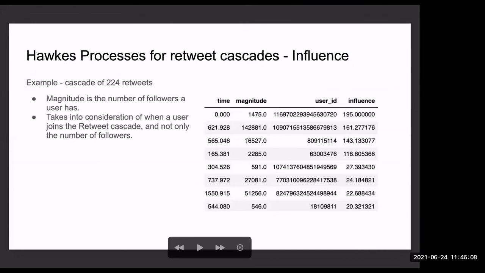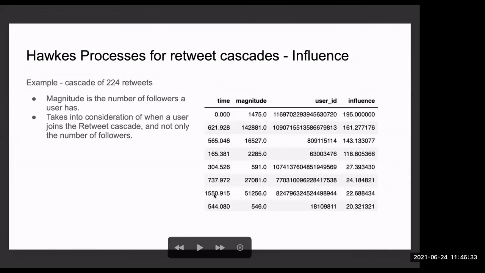But if you look at the followers here, this user has almost 10 times more followers than this user. But by virtue of retweeting earlier in the history of events, you get a higher estimate of influence. We can also see this here.